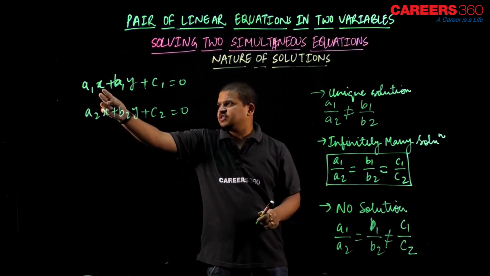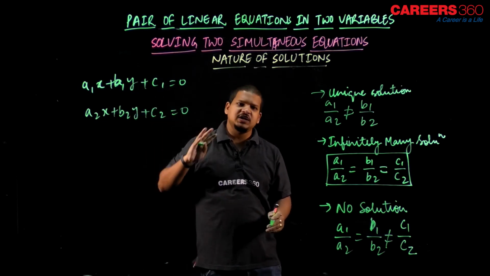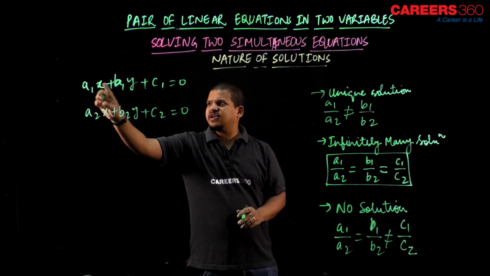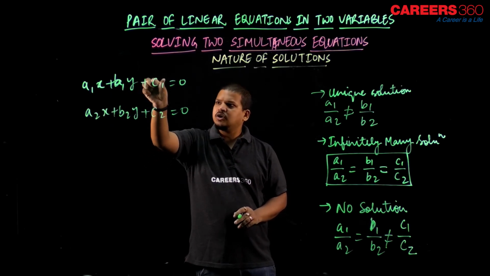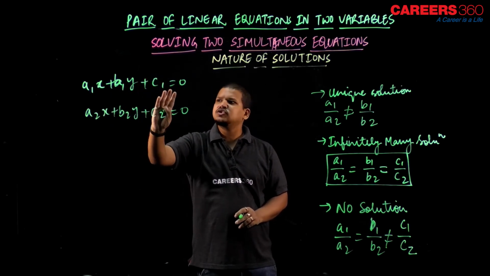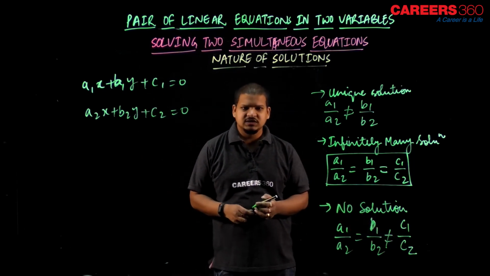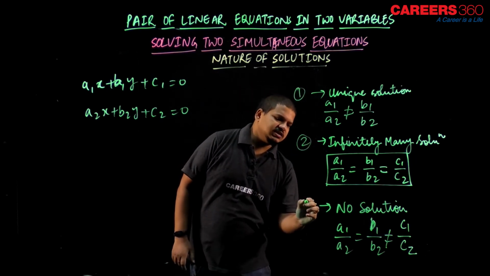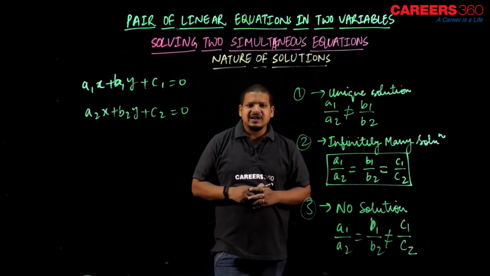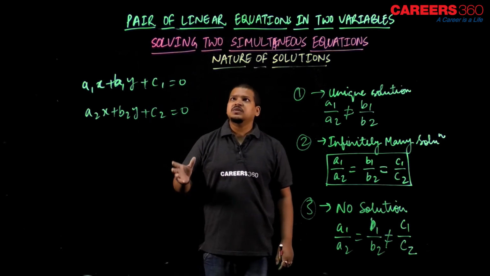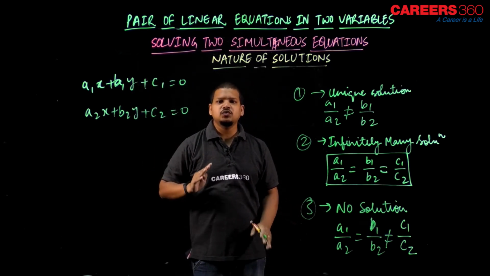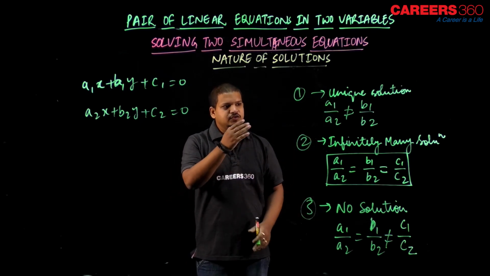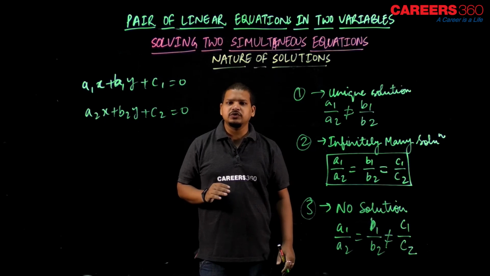But if the ratios of these coefficients are all equal, then infinitely many solutions. And if the ratios of the coefficients of x and y are equal, but the ratio of constants is not equal, then the no solution condition will come. So there are three conditions, 1, 2 and 3. So if two random linear equations are given, then just by seeing them, you can identify whether they will have a unique solution, infinitely many solutions, or no solutions.